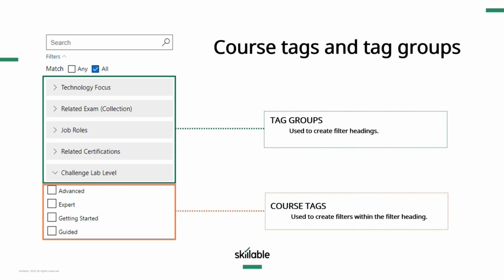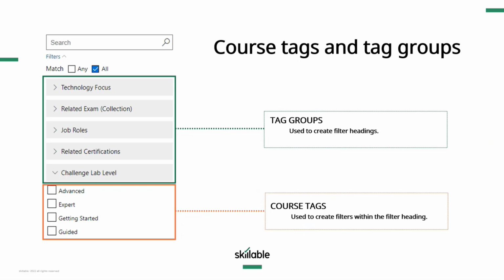As you can see in the diagram here, I have the challenge labs selected, and I can see my course tags under them. This gives my learners the option to narrow down and be specific about the courses they want to take.